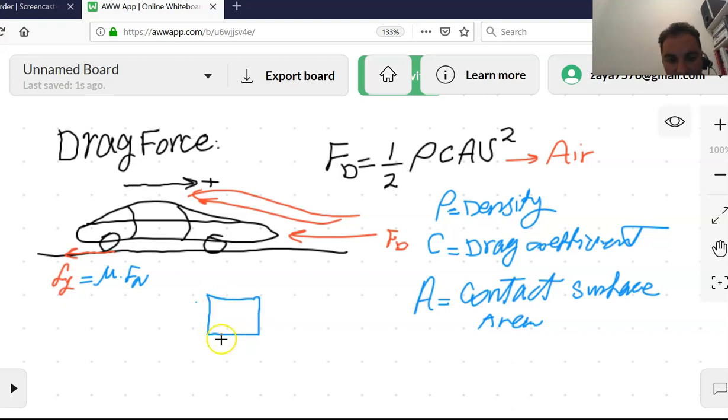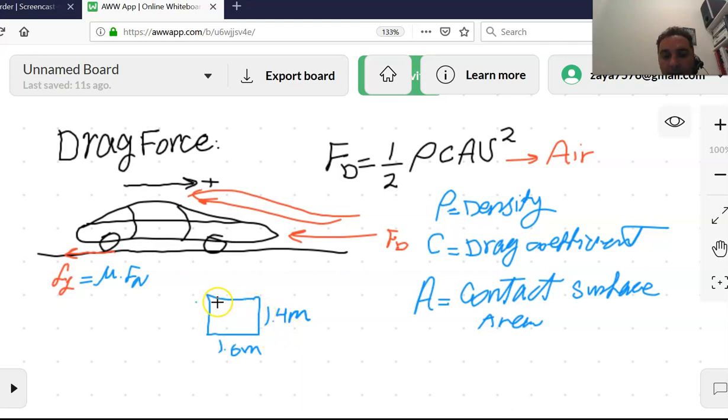Usually the width is 1.6 meters, and the height of the car, for normal cars, not SUVs, for a passenger car, is like 1.6 to 1.7 average width, and 1.4 to 1.5 maximum height.